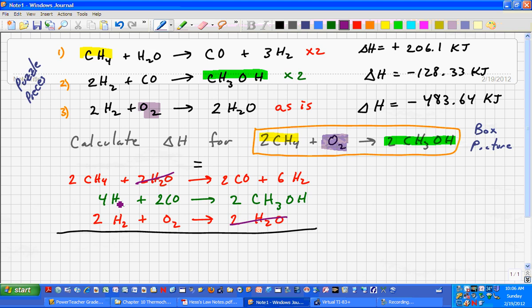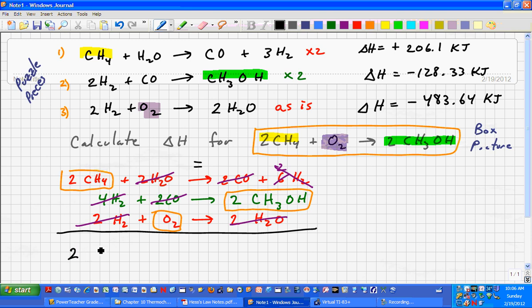I've got 4 hydrogens, so that takes this down to 2 hydrogens, but look at that, I've got another 2 hydrogens, that eliminates the rest of it. I've got 2 carbon monoxides here, I've got 2 carbon monoxides here. I've eliminated everything I possibly can, so now I'm left with this and this on the left-hand side, and this on the right-hand side.